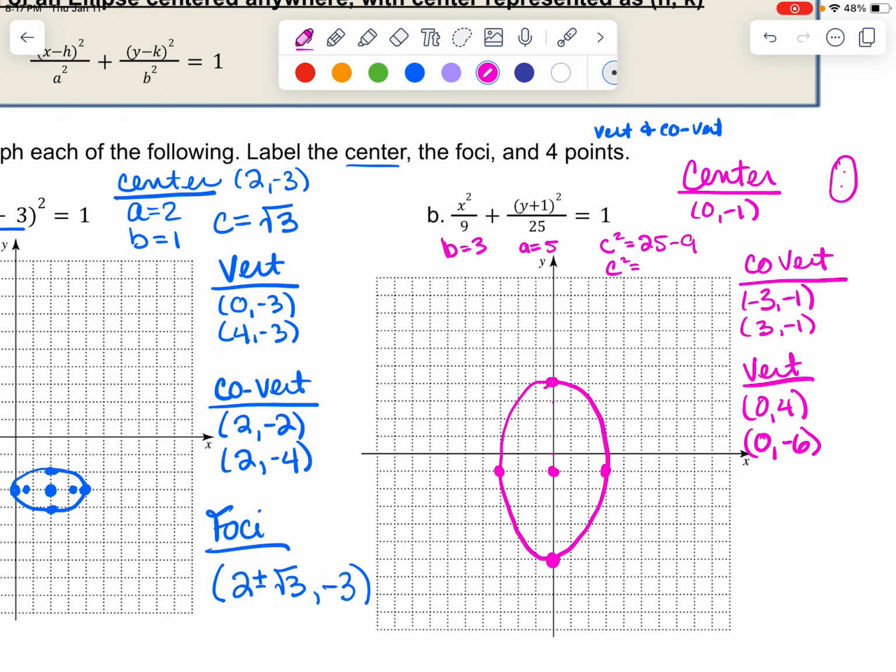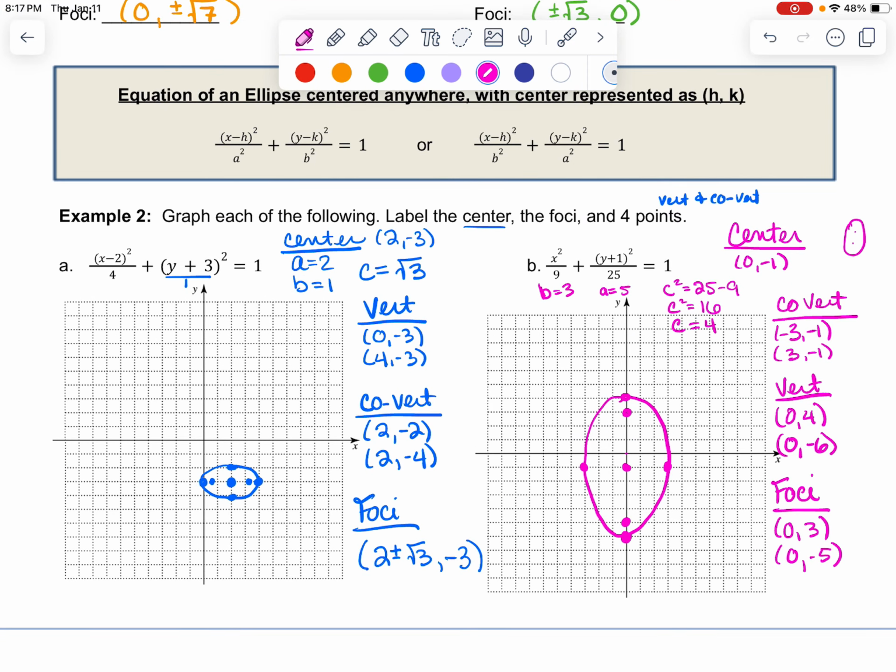So 25 minus 9 is 16. Hey, now that came out nice. So my c value equals 4. So now I'm going to go up 4 and down 4 because that's my major axis. And I will say that my foci are located at (0, 3) and (0, -5). Great.